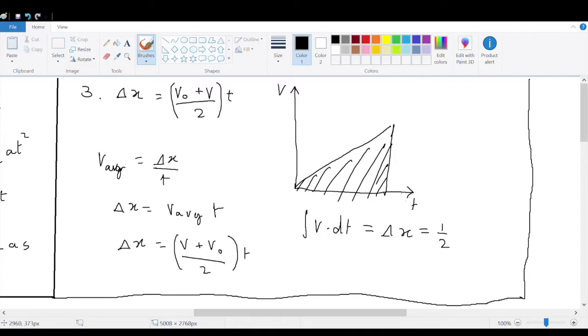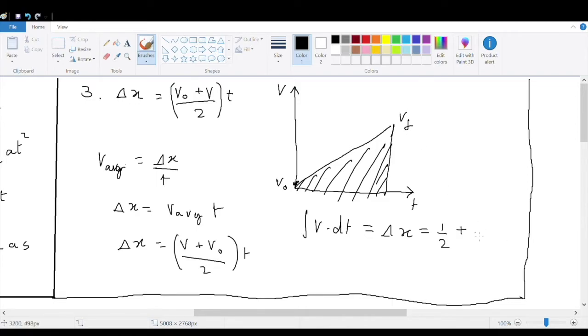What's the base? That's the time. And what's the height? The height will be whatever your initial velocity is over here on the y-axis, and whatever your final velocity is up here.